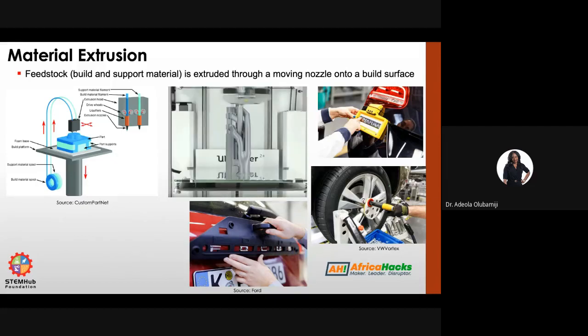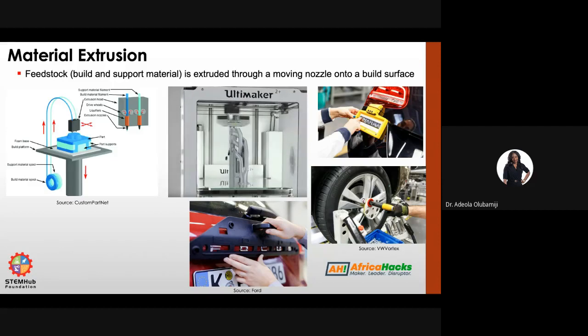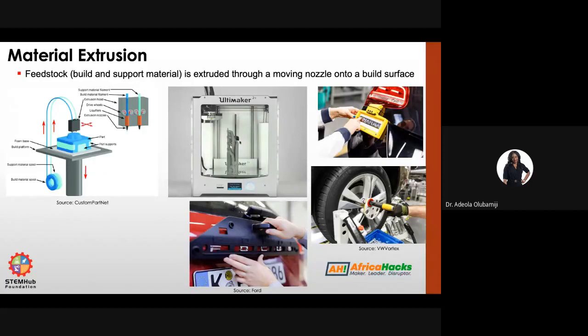This method is what you find everywhere. Literally, when you see someone having a 3D printer in their house, this is the one they have. At the moment, you can even buy some of these FDM printers for $300, for $200. So a lot of hobbyist makers buy this to try to learn 3D printing further.